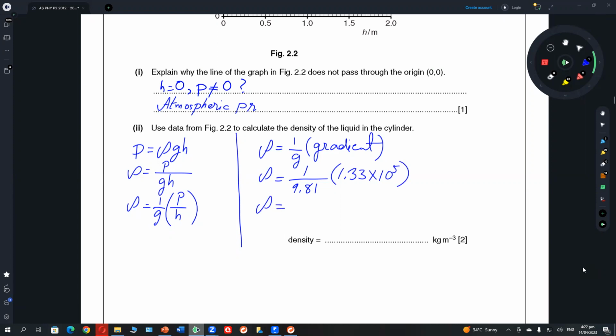Now try this work. I'm getting 1.36 times 10 power 4. 1.36 times 10 power 4. Yes.